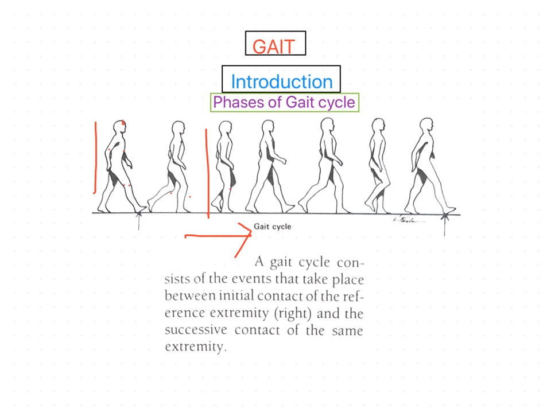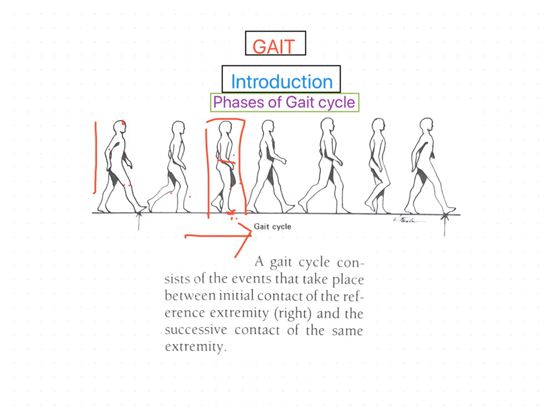For example, you can take this part. Here in this stage, this limb is the only one in contact with the ground. Now the entire body weight, not only the upper body but also the weight of the other limb, is balanced on this extremity.